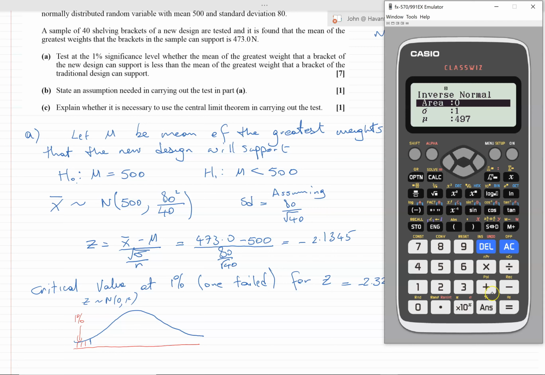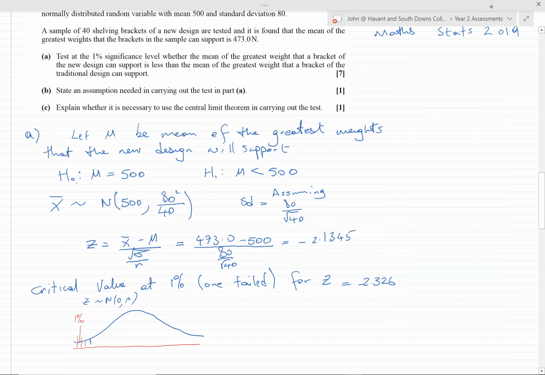The area we want is 0.01, because we want 1% towards the left. The standard deviation is 1, and the mean we need is 0. And that's minus 2.326.